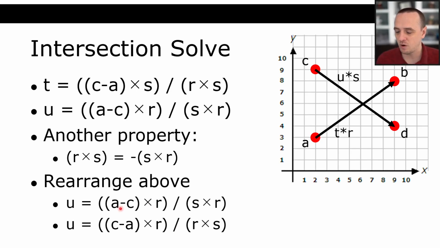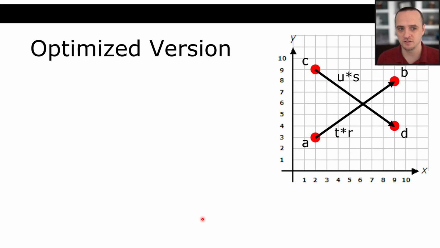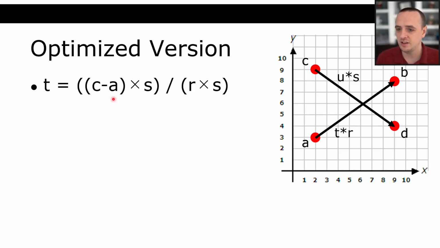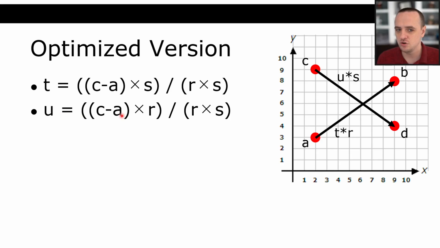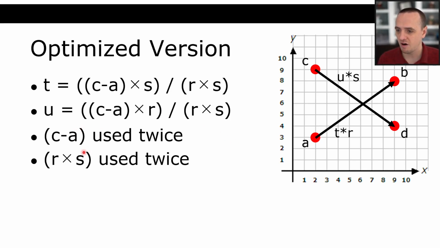Okay? And now what we have is, instead of u being equal to this, we have u being equal to this. And you might say, okay, well, all you did was rearrange it. It's the same amount of calculations. However, look at this. Now, t is equal to this, and u is equal to this. So c minus a is used twice, and r cross s is used twice.